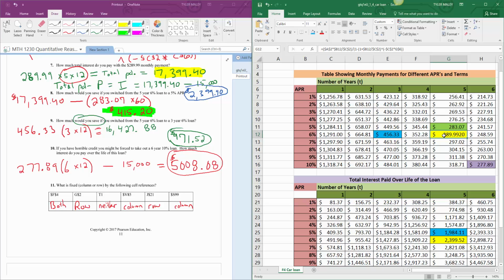If I do the same thing up here, there's something similar. In fact, it went down because Excel had to round up.